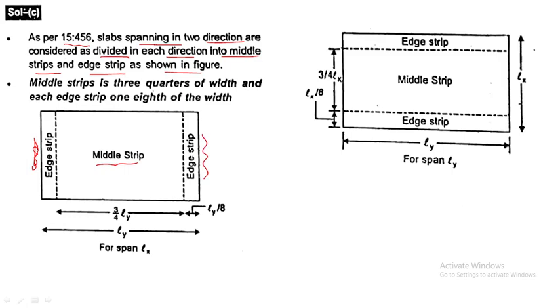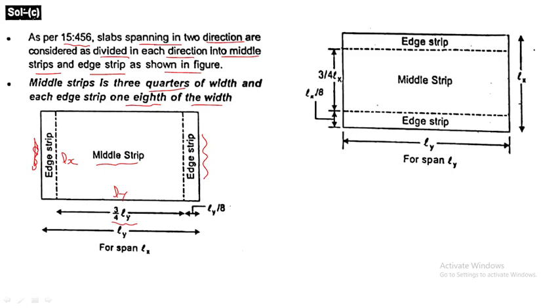So the middle strip is 3/4 of the width, 3/4 of ly. I will write here, this is ly, this is lx. So the middle strip is 3/4 of the width and the edge strip is 1/8 of the width.